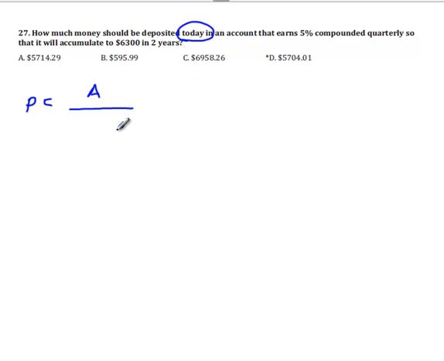That's a present value. So we will use the following formula to answer this question. In our problem, we know that the amount we want in the future is $6,300.